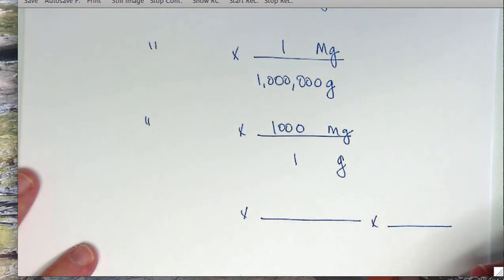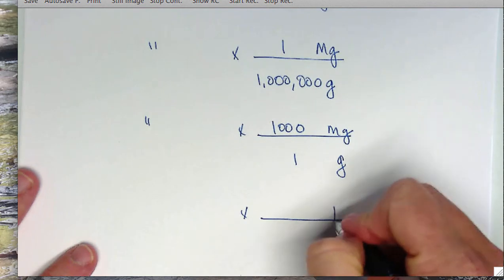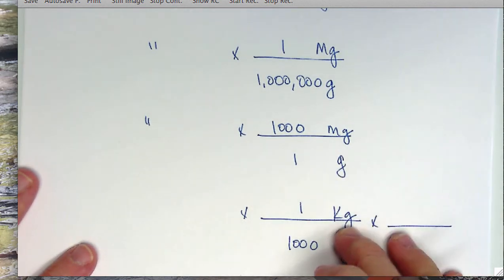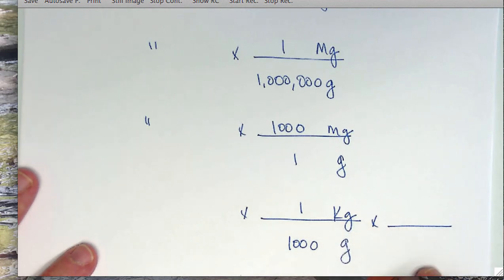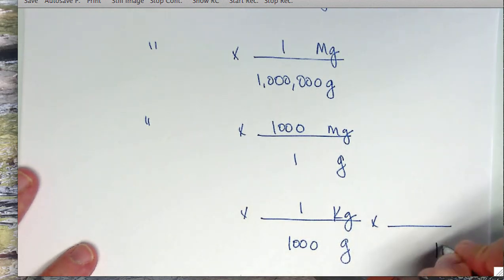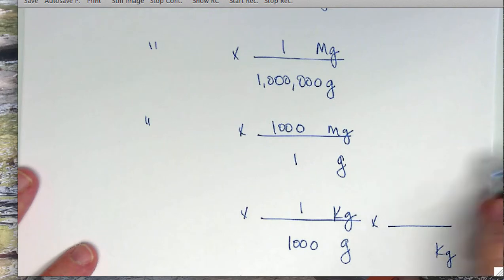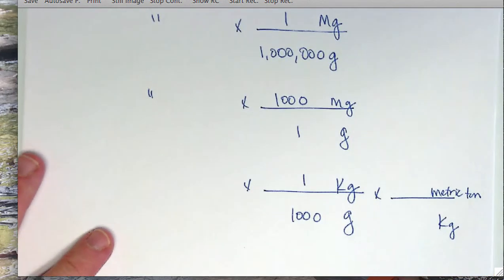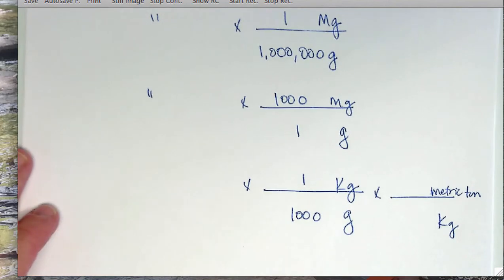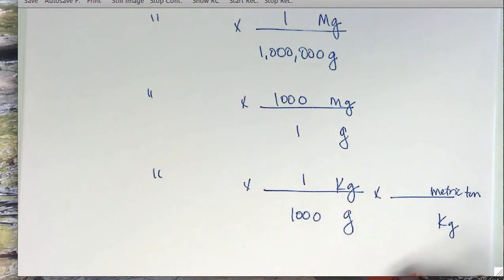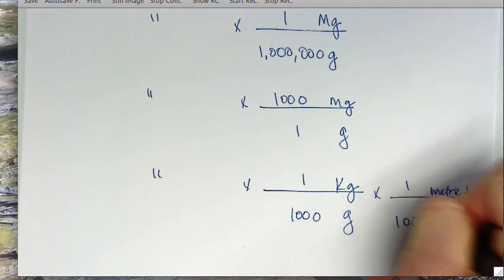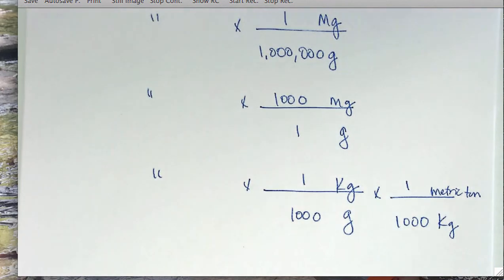So you have grams to kilograms, and then kilograms to metric ton. They give you the conversion factor: 1 metric ton is 1,000 kilograms.